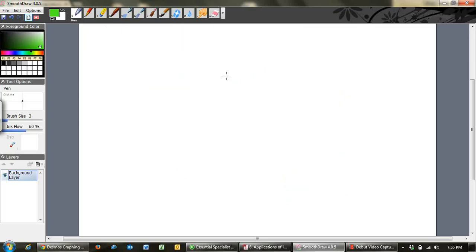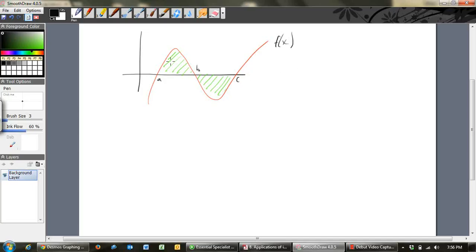The other case that you get is something like this, where the function goes up like that, and you're asked to find the total of those areas. What's the total green shaded area there, where you've got your function f of x, and let's say that's point A, point B, and point C?